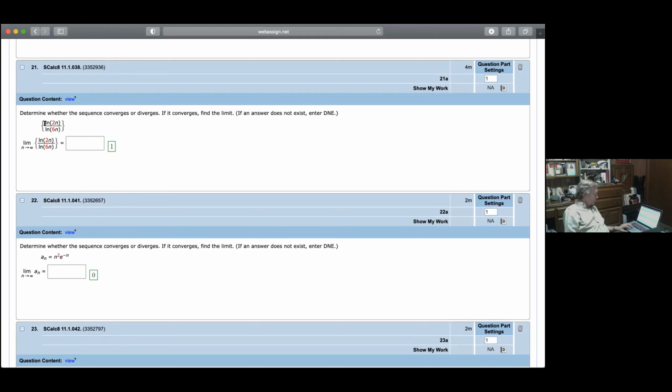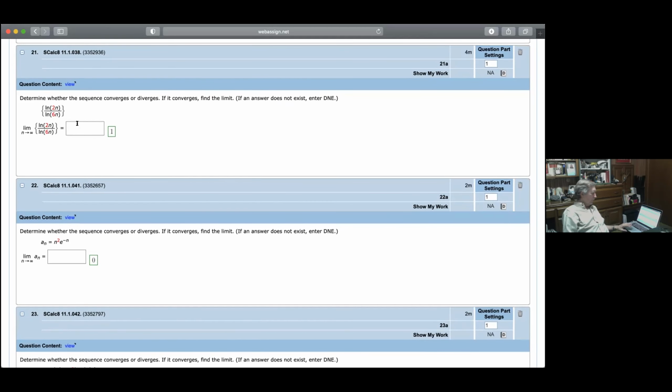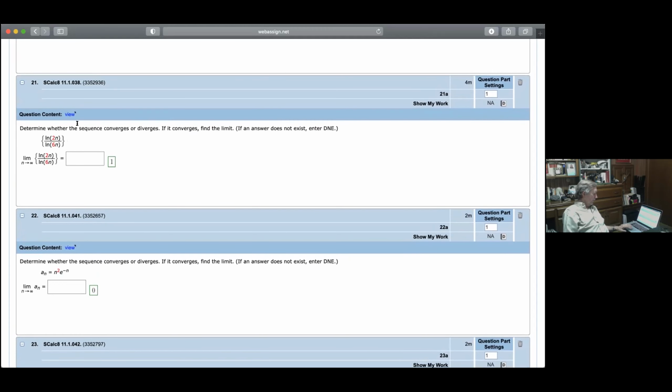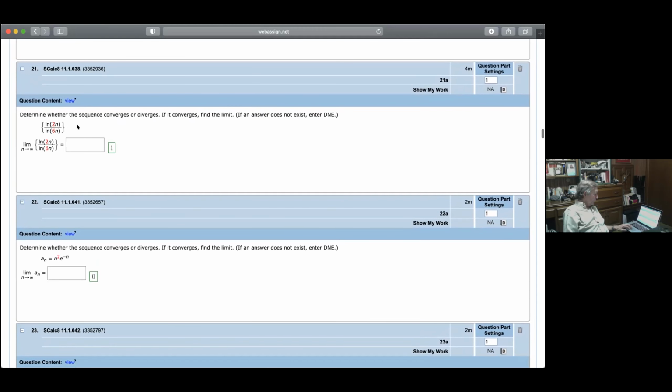But I can write this as log 2 plus log n, and I can write this as log 6 plus log n. Once you've done that, you ought to be able to figure out how to do it. It's like what we've just done earlier, but I don't want to do all the problems for you. This one's a little more interesting because you've got to remember some log properties first.